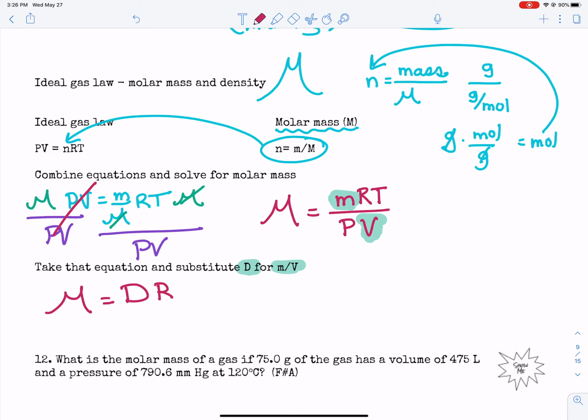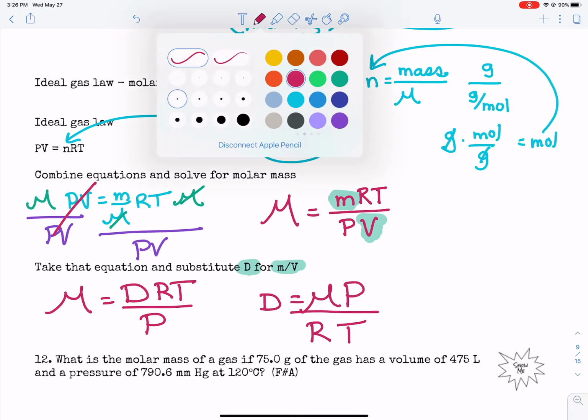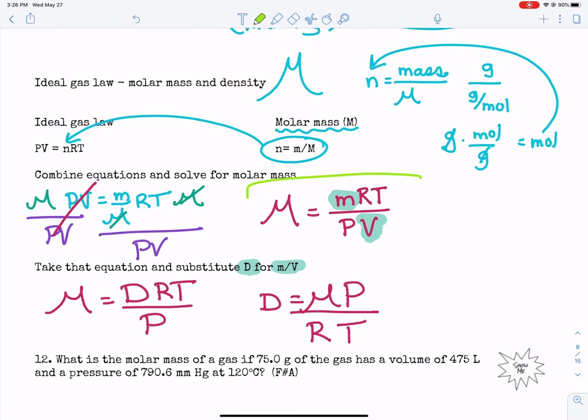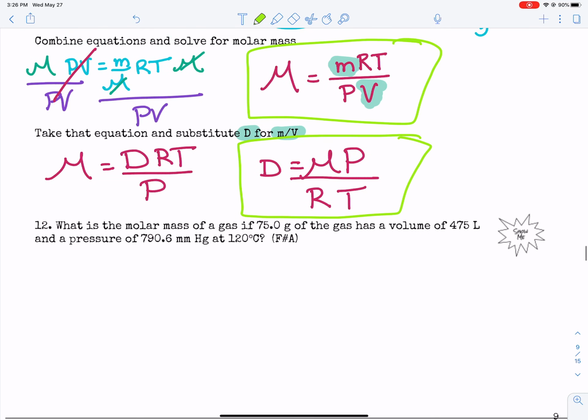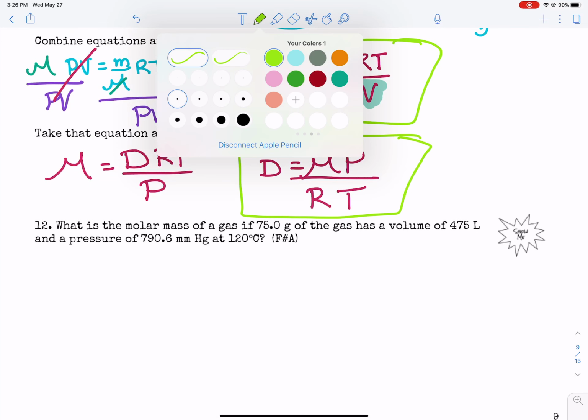That would be density times RT over P, or density is equal to molar mass times the pressure over the gas constant times the temperature. So depending on what the question asks, these two formulas, which we call derived formulas, aren't new information. All they are is algebraic manipulations of formulas that we already have. But they're going to allow us to do some problems a little bit easier.